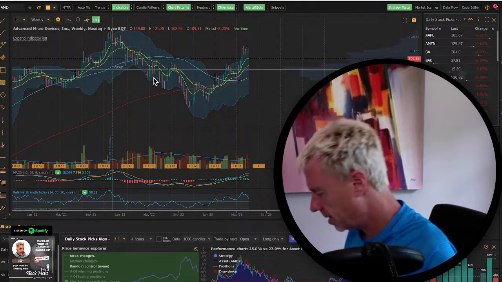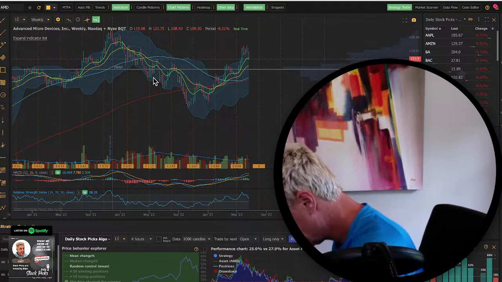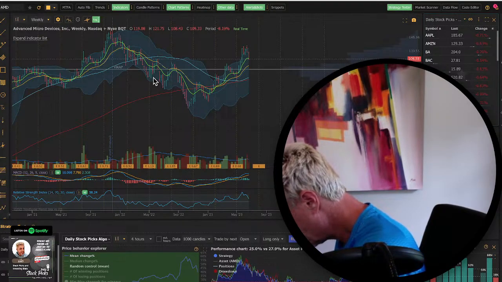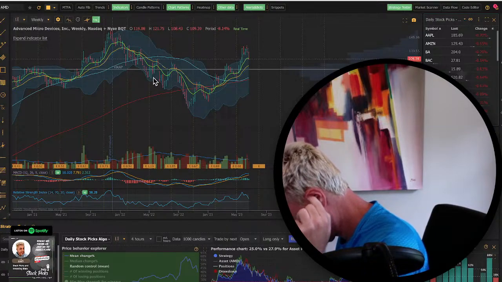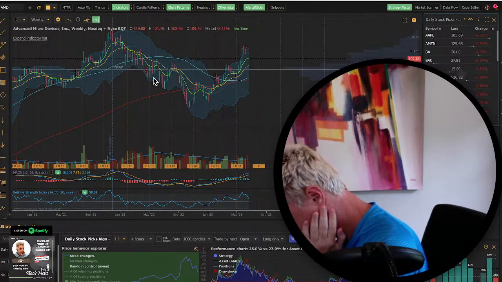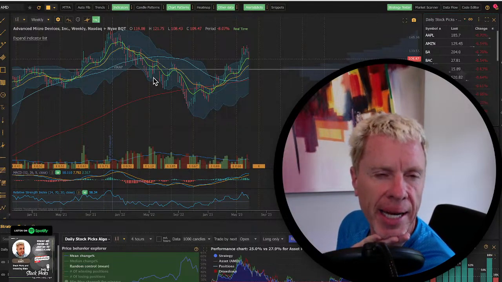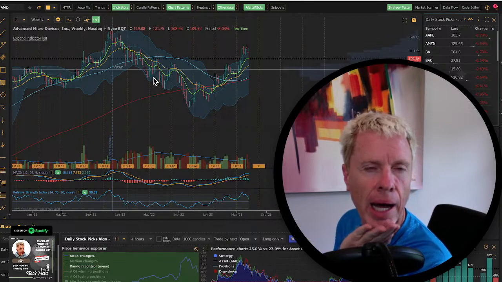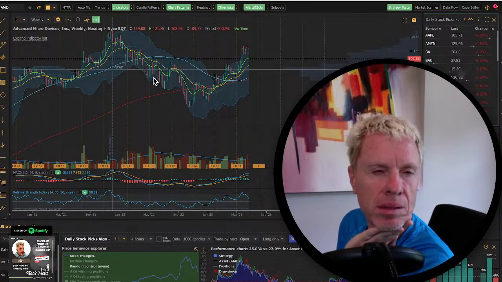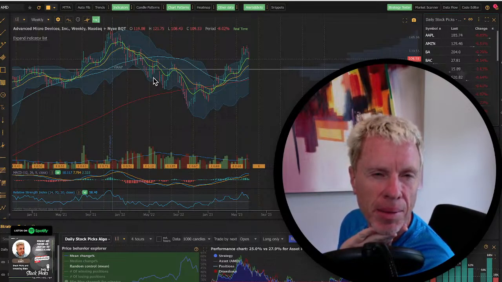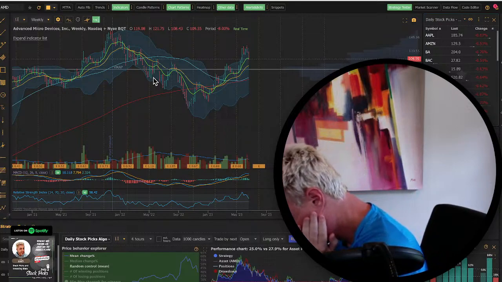I'm going to put in AMD. I think I'm going to put in AMD at 108.99. Maybe I'll just buy it at 109. I got to see how much I have.